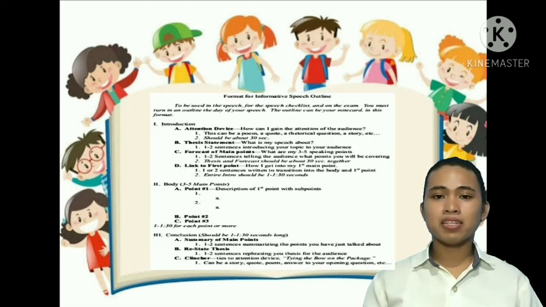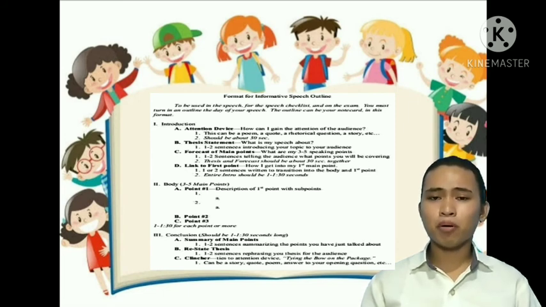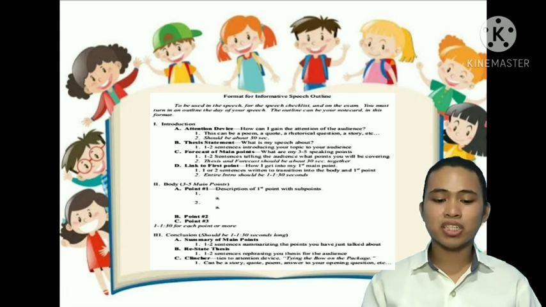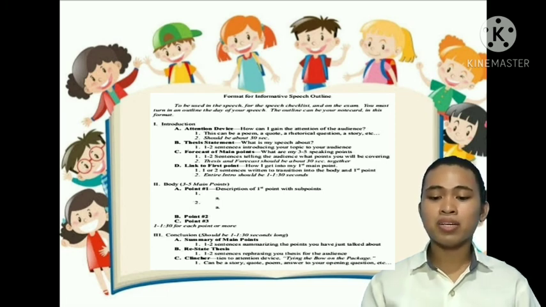So we also have a sample format for an informative speech outline. In this sample, this is the lesson that we have discussed. As we can see, it has an introduction, body, and conclusion. In the introduction, it has an attention device, or how you can get the attention of your audience; thesis statement, what your speech is all about; forecast of main points, what your speaking points are; and link to first point.